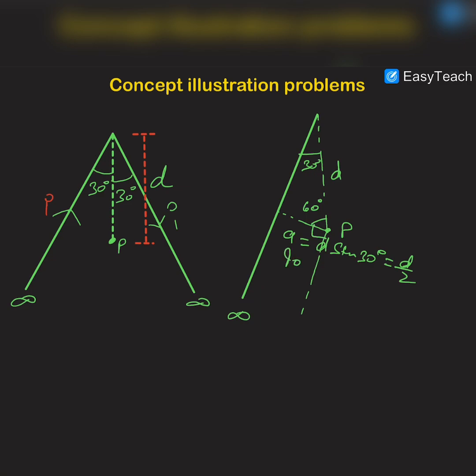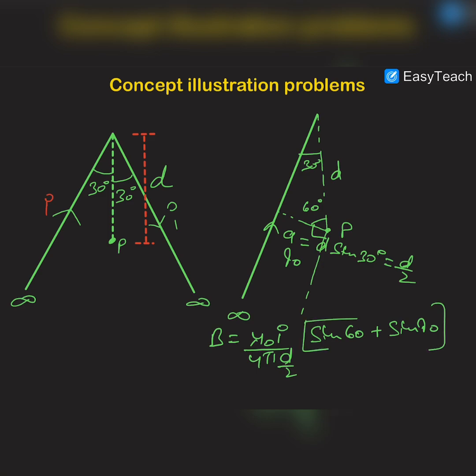So B will be equal to mu naught I by 4 pi A, and A is D by 2, and one angle is 60, so it is sine 60, and the other angle is sine 90.